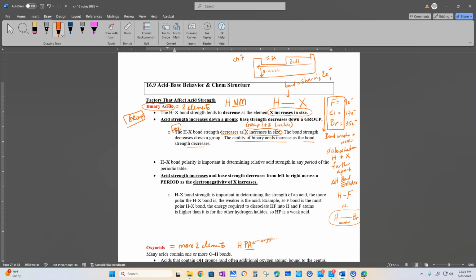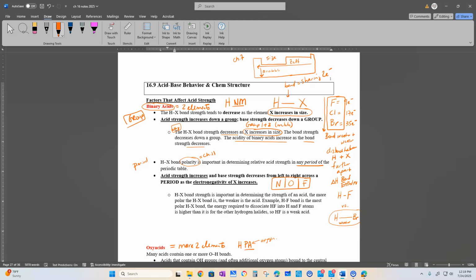Okay, HF, the bond polarity, and we talked about bond polarity in chapter 11, is important in determining the acid strength in a period. So this is a period trend. Remember, period going across. So if I was looking at period 2, which has nitrogen, oxygen, and fluorine sitting right next to each other, okay, what's the trend?